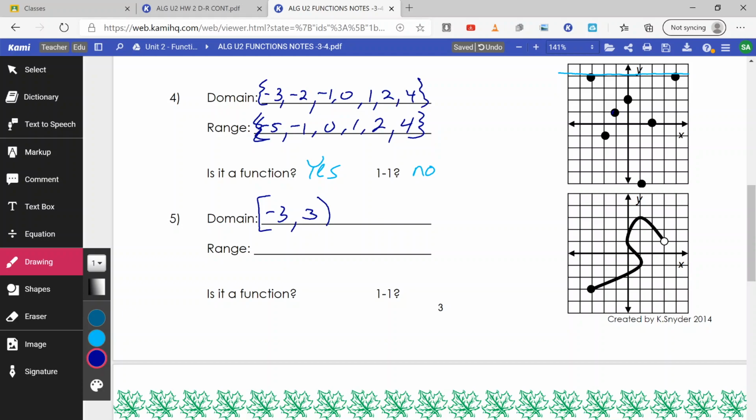That one's pretty straightforward. I can see a starting and an ending point. The range, though, remember, is bottom to top. A lot of people will only count from endpoint to endpoint, but we have to look at the fact that when I come up from the bottom, I hit this endpoint here, which is fine and dandy, but I have to go all the way to the top, which is actually up here. So I have to count the y values that go between my purple lines here.